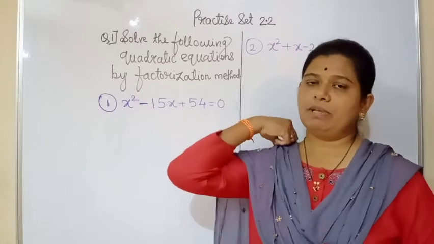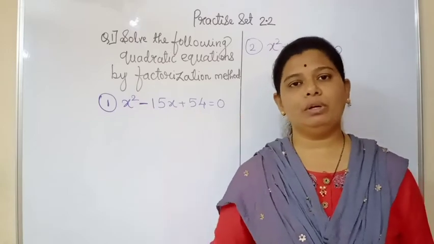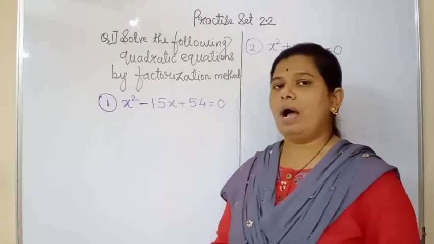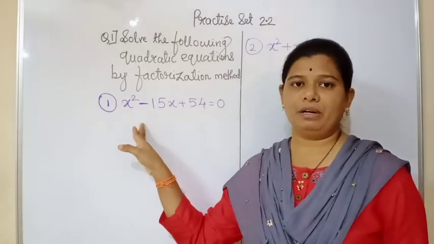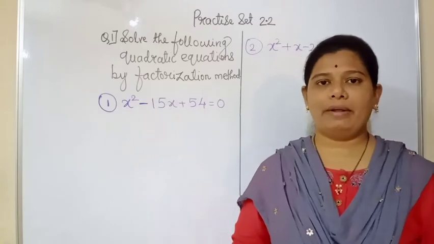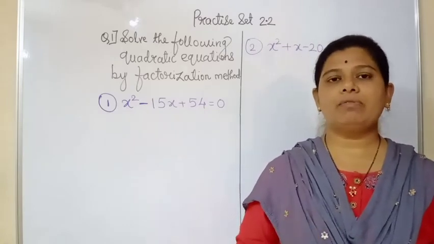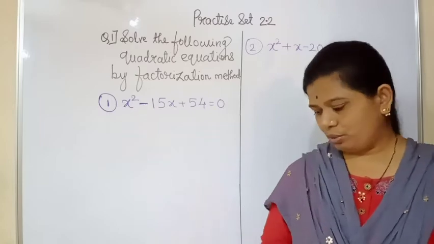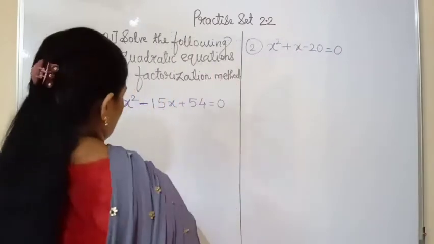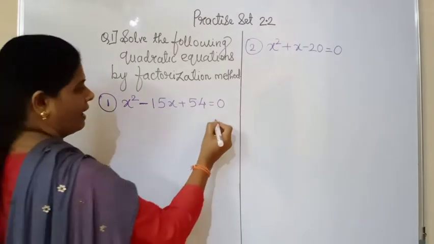Now the question remains, which sign should be given to the smaller number? Okay, if I want to add, and I give the minus sign to the bigger number, then obviously we should give the minus sign to the smaller number also. See, now I will just write the factors here.